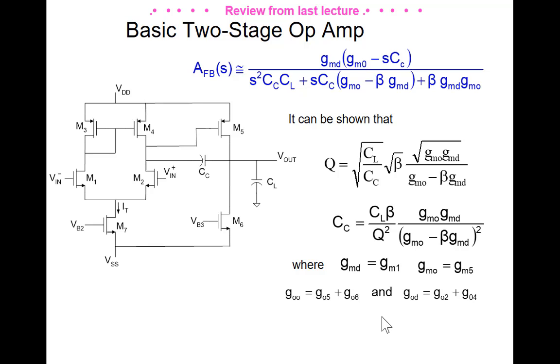It would have been S squared C sub C CL plus S C sub C, and I think it's just GM0 plus GOO GOD on this term right here. So the open loop gain would have been a different expression. We've written that down, but I don't have it here. So who asked that question? Yeah, right. The reason it doesn't appear is the output conductances disappear in the feedback expression. They're in the open loop expression.